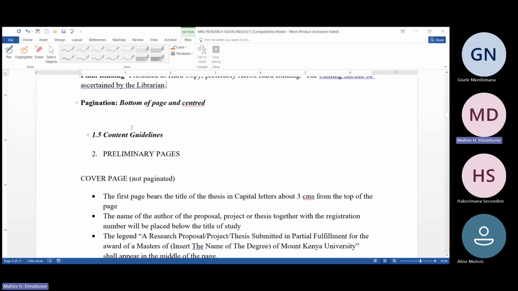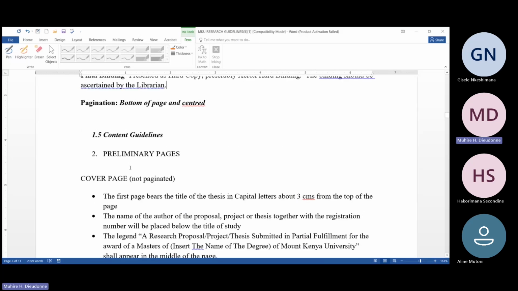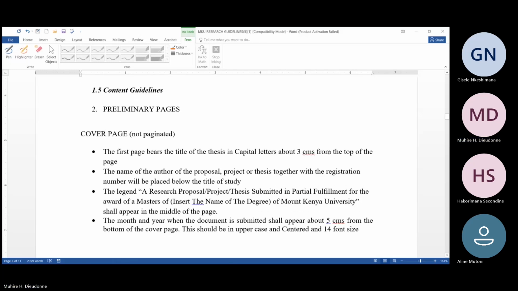But we want to start on preliminary pages. So we start with the cover page.